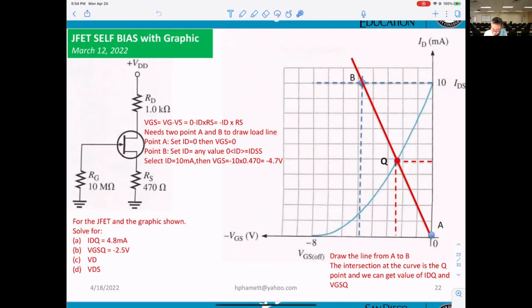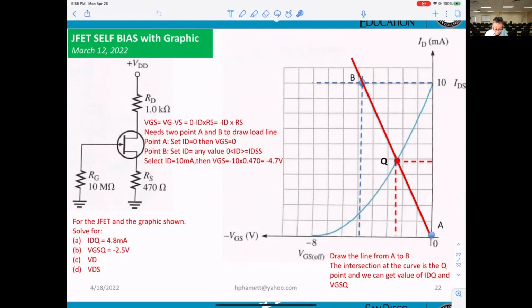Where it cuts the curve at any point, that's what we call the Q point. So you go to the right, you get ID. You go down, you get VGS. In here, they already tell you IDQ is 4.8 milliamp, that means 4.8 milliamp here.